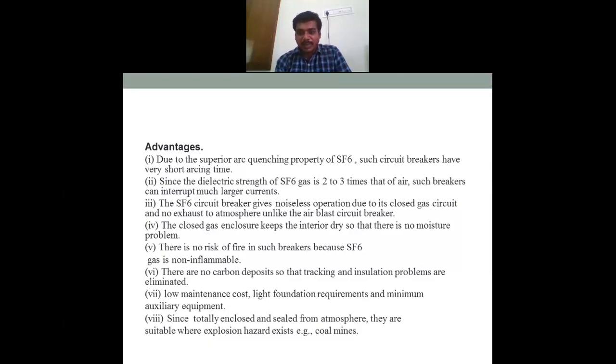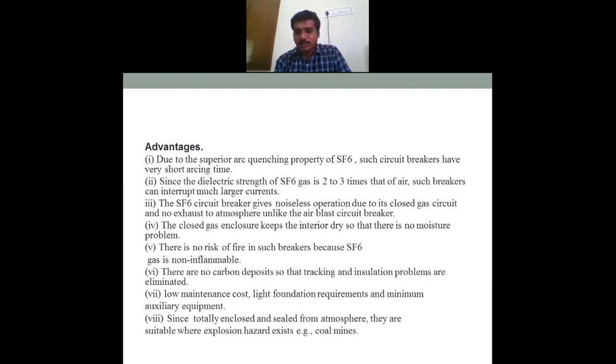So it is the best operating circuit breaker when compared to the oil circuit breaker and air blast circuit breaker. Here, there is no problem with respect to fire accidents, because SF6 gas is nonflammable and it easily absorbs the free electrons, and there are no carbon deposits here. If you are using oil, we will have much carbon deposit. Here we will not have any carbon deposits, and therefore no insulation will be formed between the contacts due to deterioration of the oil.